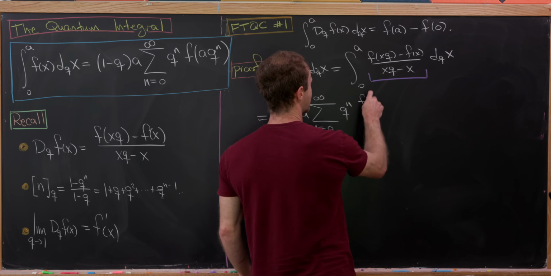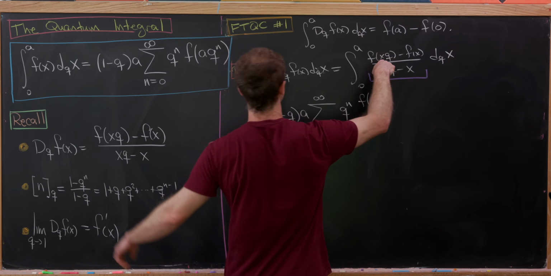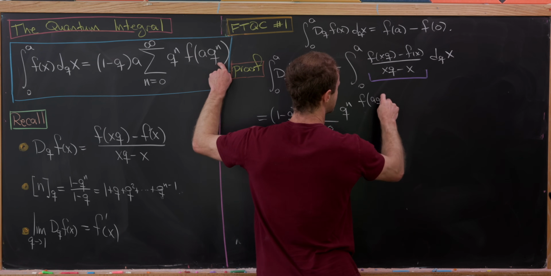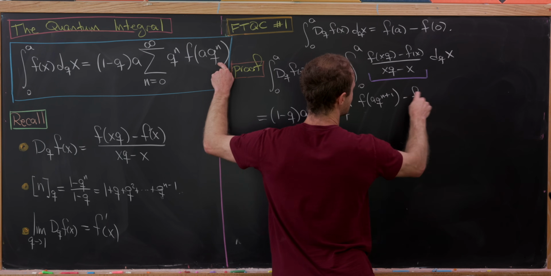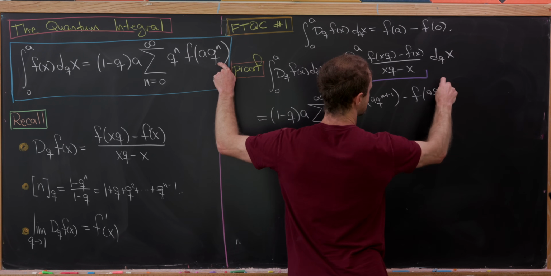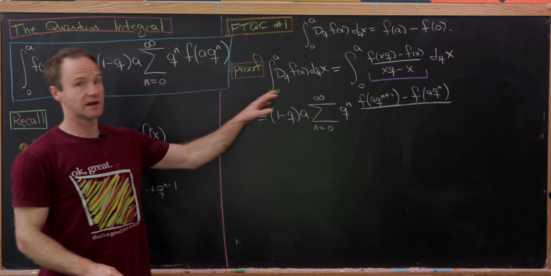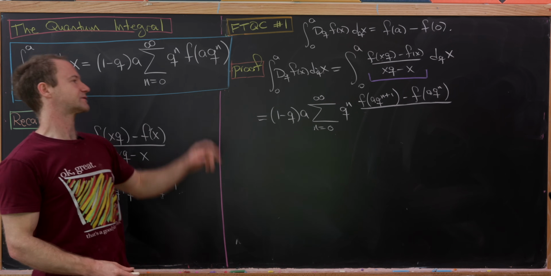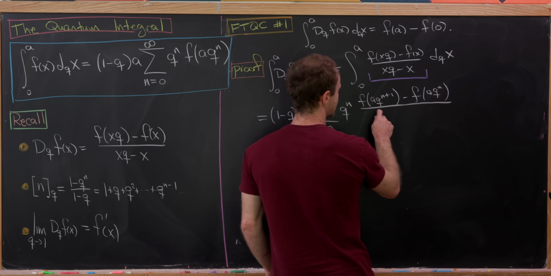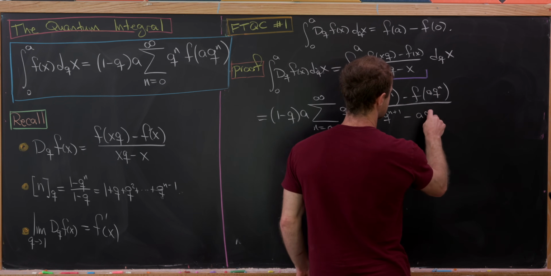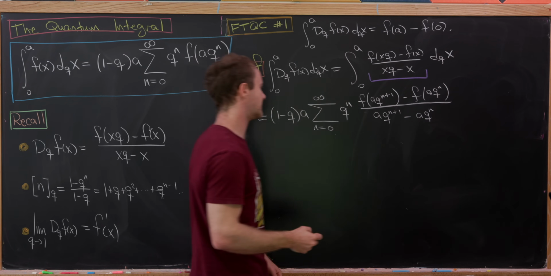Here we'll have f evaluated at, we need to replace x with a times q to the n, so that'll be a times q to the n plus 1 minus a times q to the n, because that's just a simple x. And now, again, in the denominator, we need to replace x with a times q to the n. That'll leave us a times q to the n plus 1 minus a times q to the n.